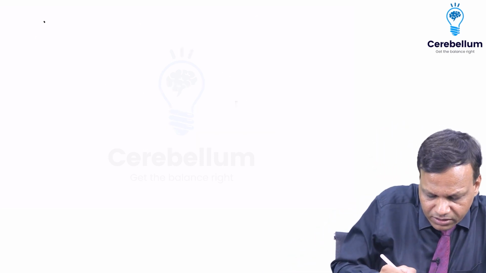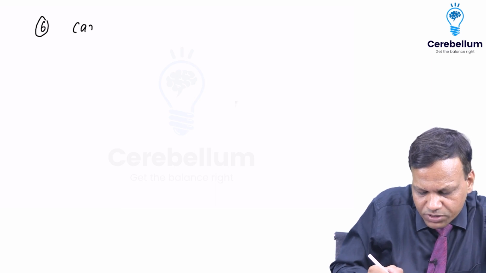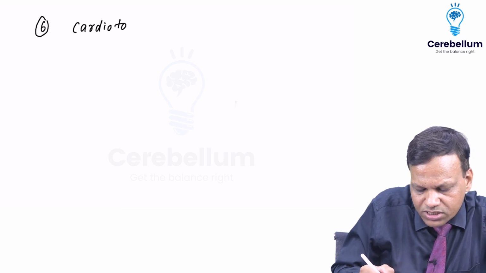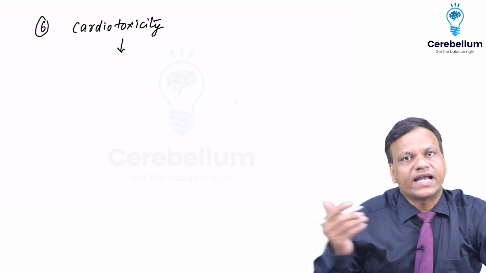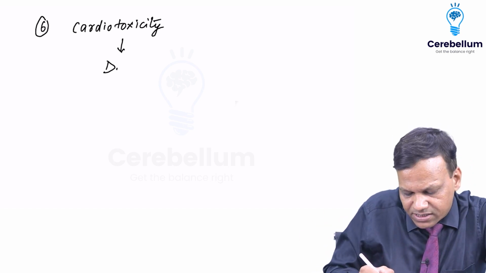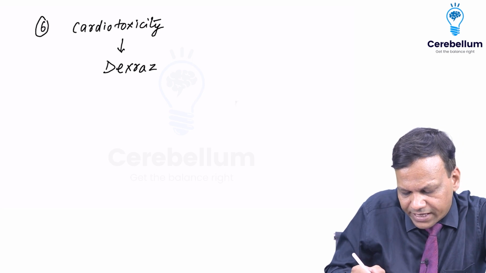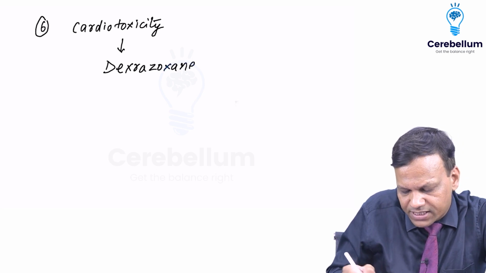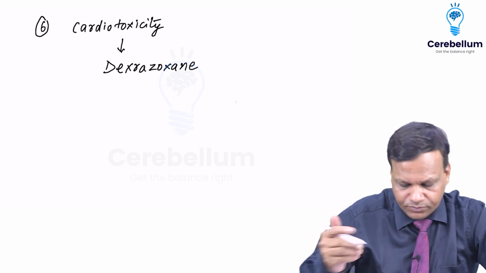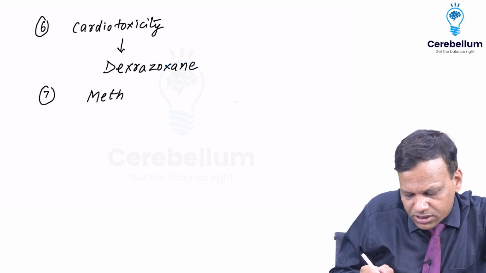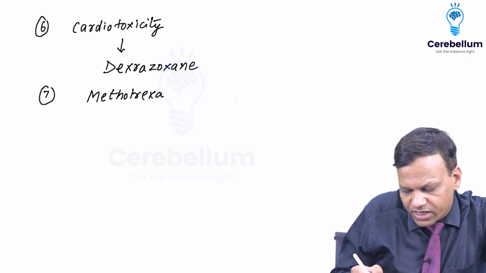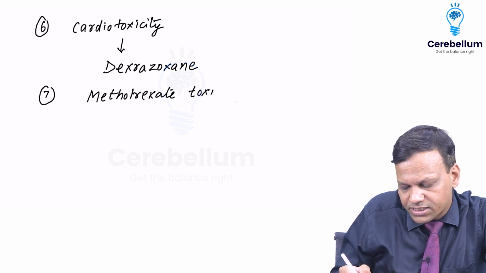Then we have cardiotoxicity, doxorubicin, daunorubicin induced cardiotoxicity. We can prevent cardiotoxicity by giving a free radical chelating agent, which is dexrazoxane. Lastly, for methotrexate toxicity, which drug can we use?